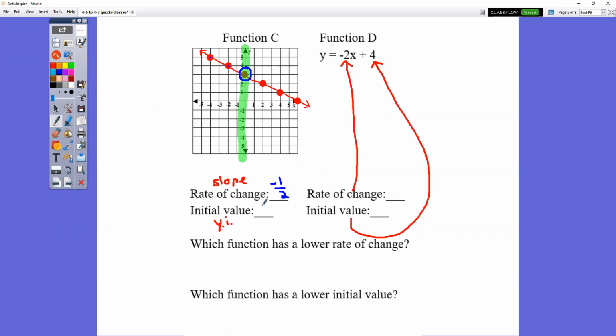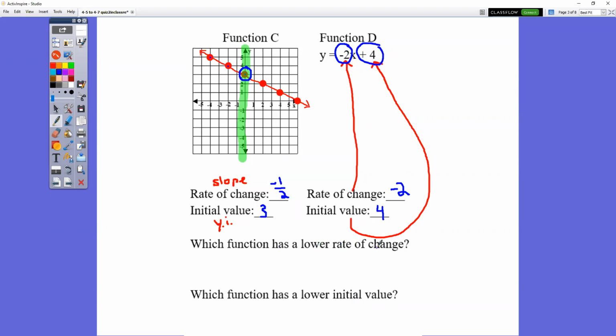It crosses right there at 0, 3. So this would be a 3. When you're given an equation, your rate of change is just the number in front of your x. So your rate of change here is -2. Your initial value is whatever your plus or minus is. So that is going to be 4.